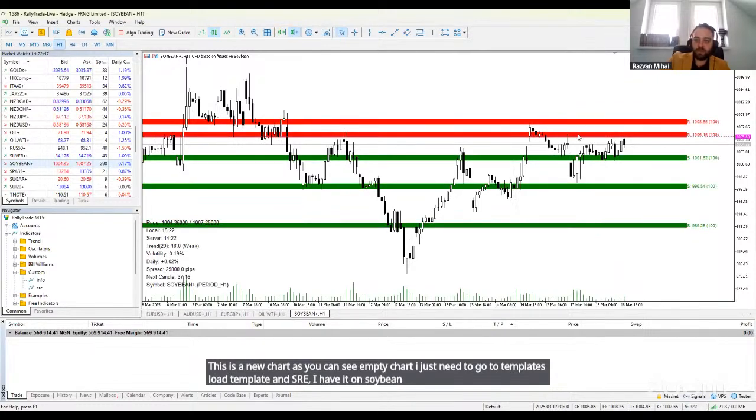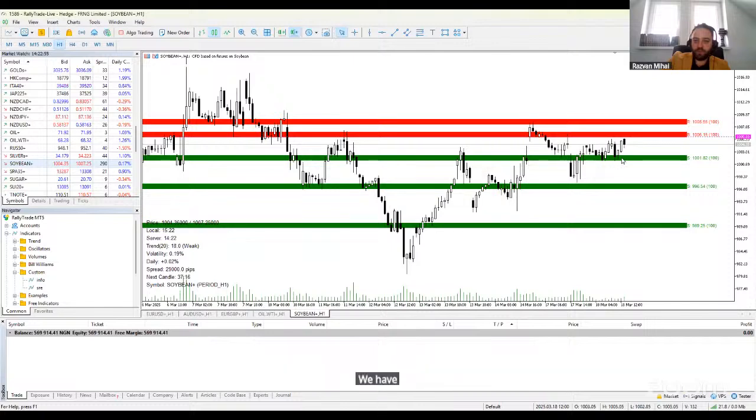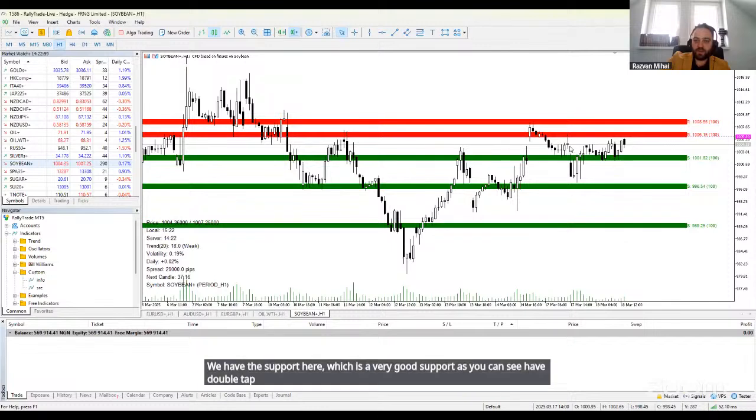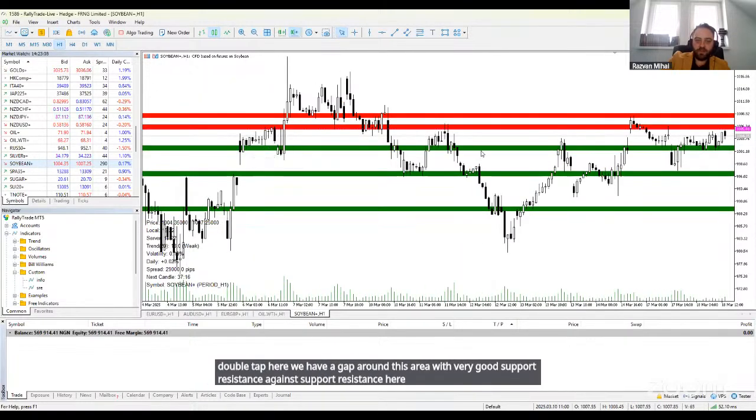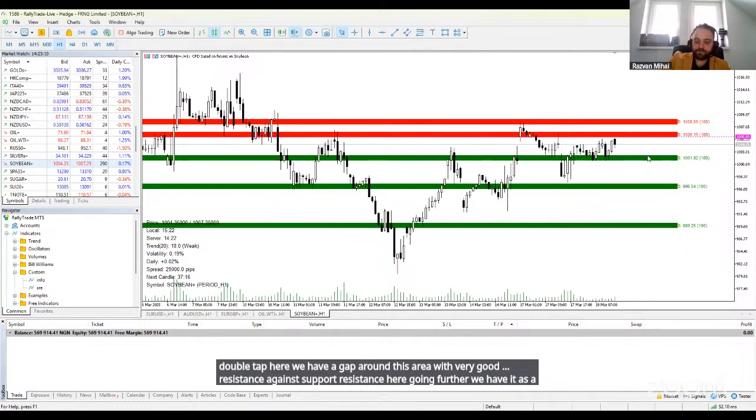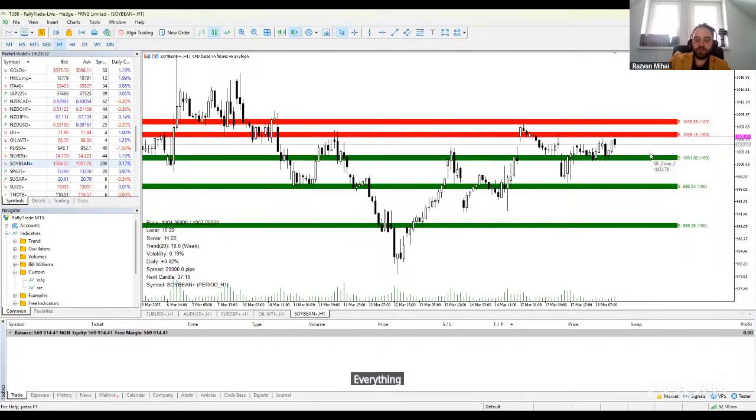Works very well. Here is the resistance. Second resistance is here. We have the support here, which is a very good support, as you can see. Have double tap here. We have a gap around this area with very good support, resistance, again support, resistance here. Going further, we have it as a support. So as I said, everything is fine-tuned based on my experience.